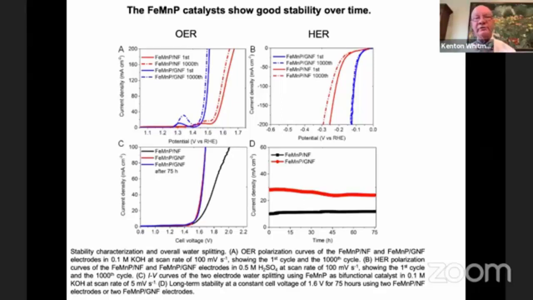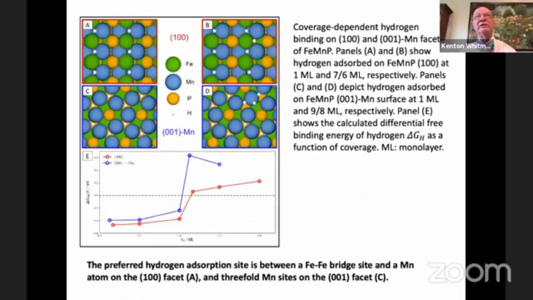You can run these for very long catalytic runs, and they do not show degradation. So that is also encouraging. Similar to the iron 3P material, the hydrogens look to be associating with 3 metal atoms in this process, and that also is what you need to see for this catalytic reaction.